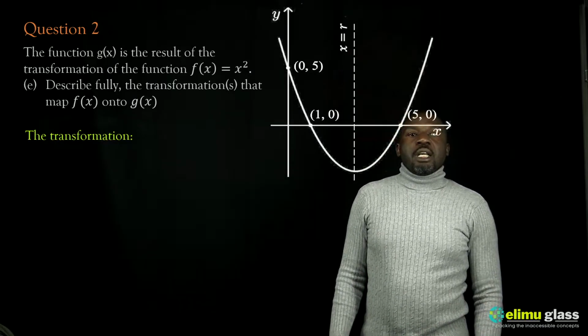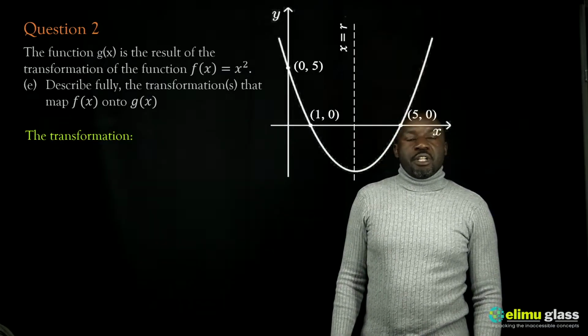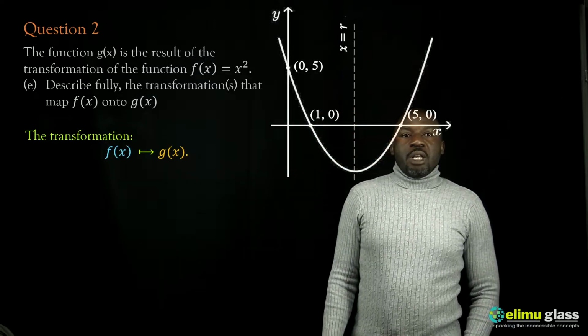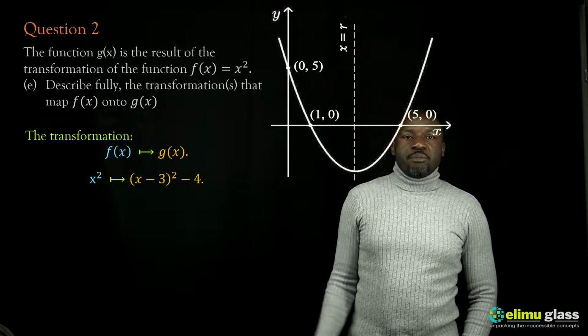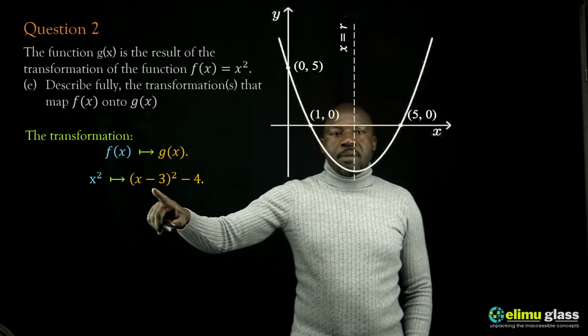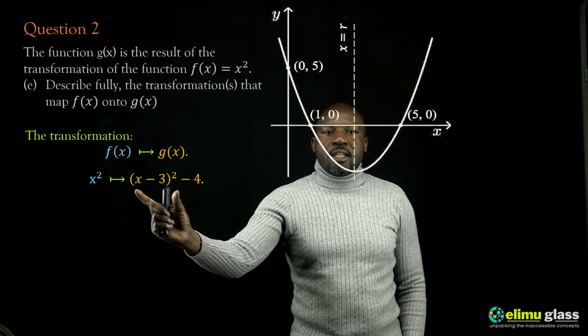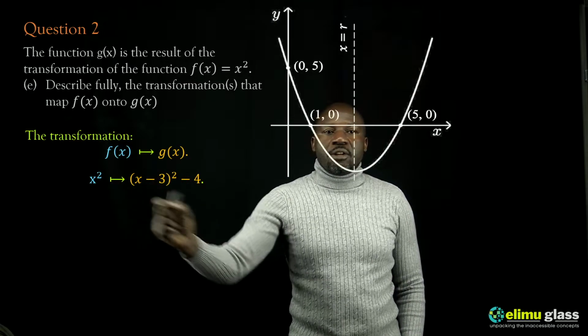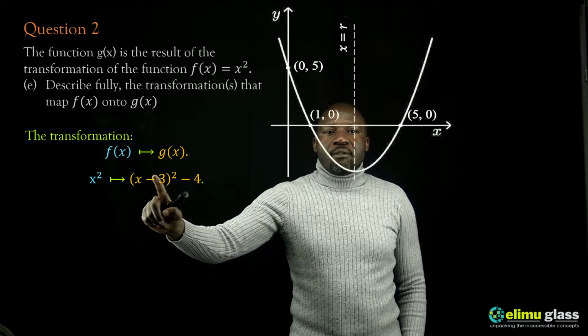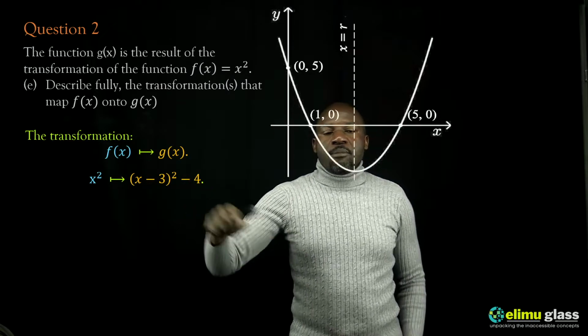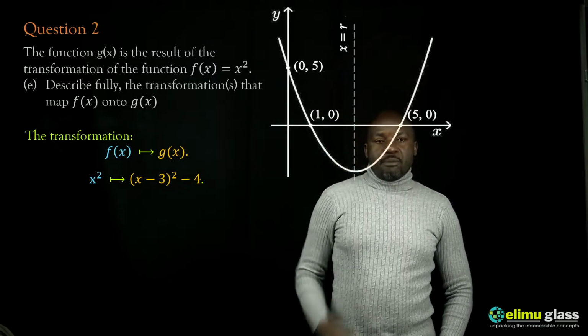How do we reason? If we know the function in the vertex form, that is quite straightforward. So f of x has become g of x, meaning x squared has become x minus 3, squared. That's the bracket, and the square is the original function. Now we have changed x to x minus 3, and we've also subtracted 4 from the function.